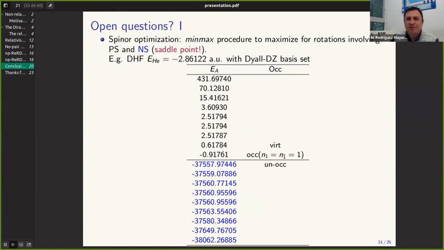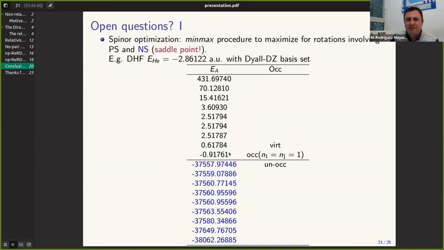For example, the problem of spinor optimization. In this case, we need to apply a min-max procedure because, as we can see, this is a Dirac-Hartree-Fock calculation for the helium atom. This is the total energy using this double zeta basis. And as we can see, the energy of the states, here I have in blue the negative energy states, the ones that correspond to positronic states.